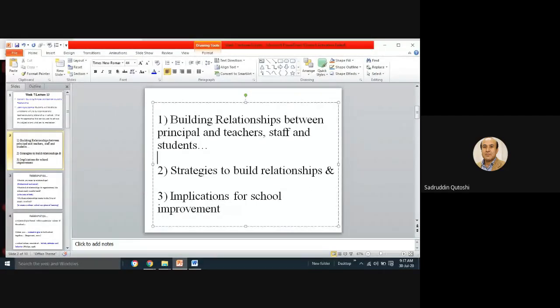What strategies does the principal need to build, which help the principal develop a particular sort of relationship necessary for building a school culture? The third important point is the implications of such relationships for school improvement. We will focus on these things one by one.